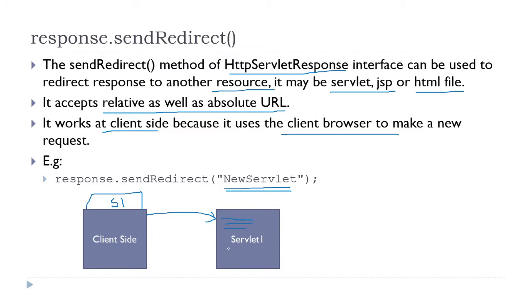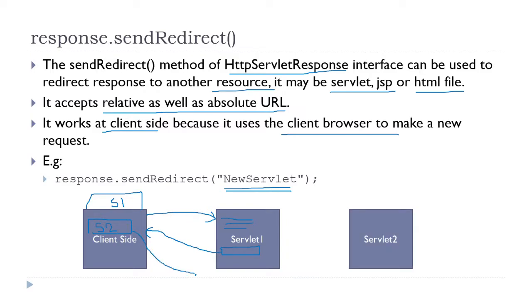In this case, servlet 1 will give the path of servlet 2 and send this path back to the client side. Now the client side will frame a new request containing the S2 URL pattern, the servlet 2 pattern, and this new request will be sent to servlet 2. Now servlet 2 will process the request, generate a response, and send the response back to the client. So this is the basic working of the sendRedirect method.